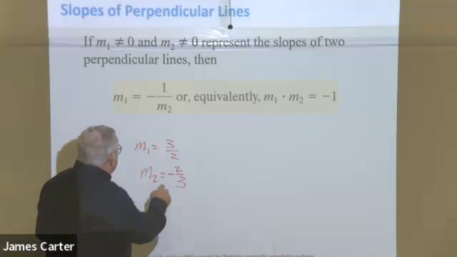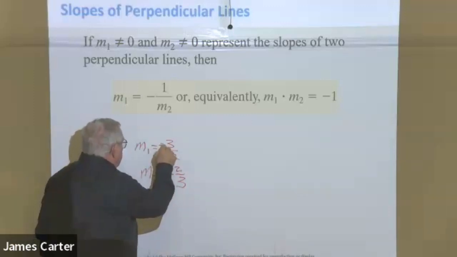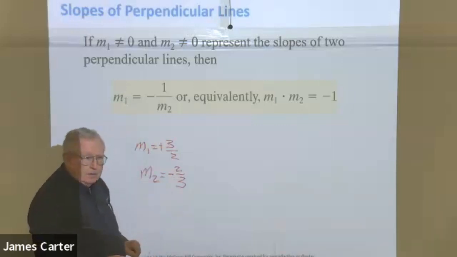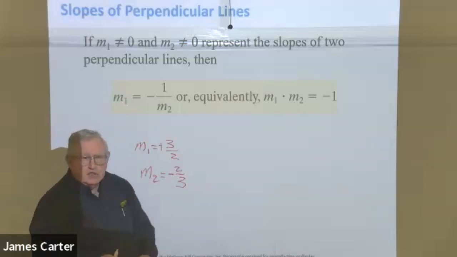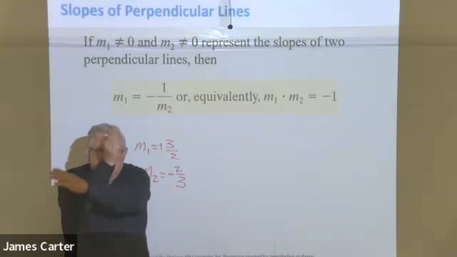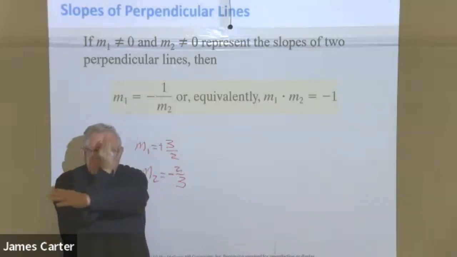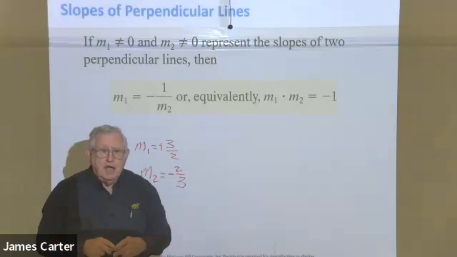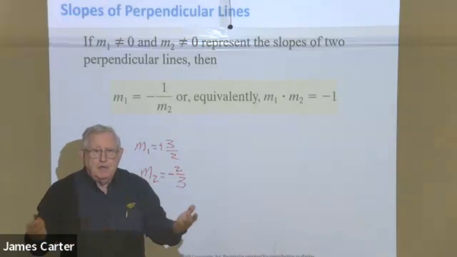In other words, opposite sign, because there's a hidden positive here, and the reciprocal. And when you have that, these lines will meet at right angles, whatever their total space is. Now, vertical and horizontal lines are automatically perpendicular.